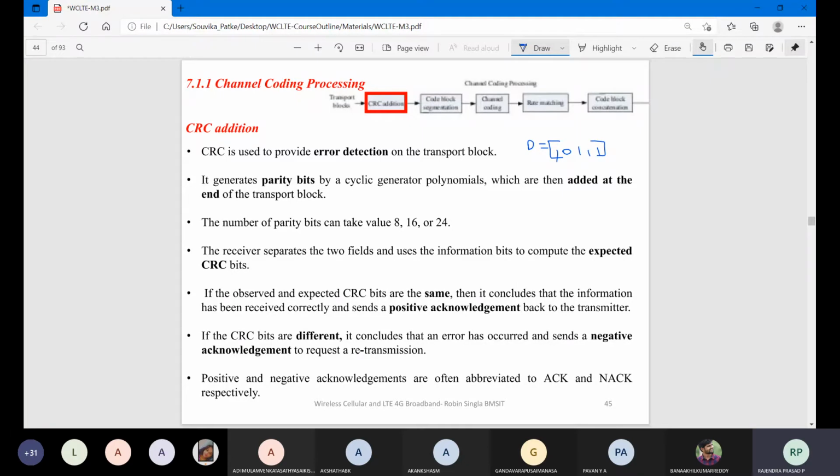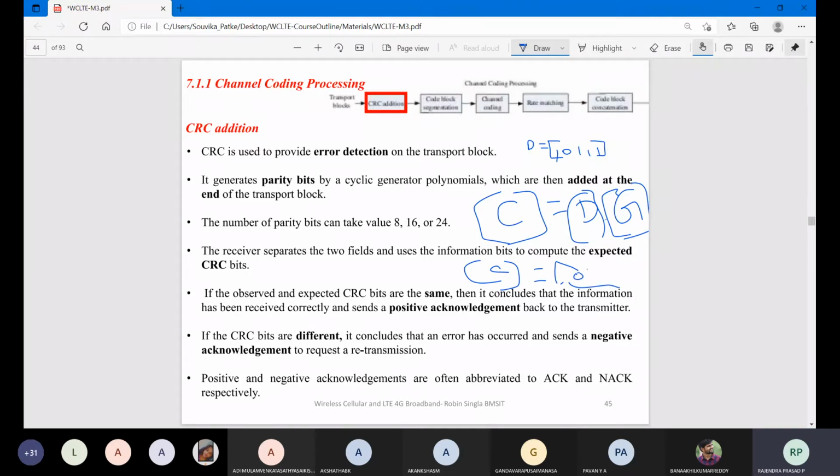So for this data, I wanted to generate the code block. So C you are going to generate by C equal to D into G, right? And when I process this generator polynomial, I am going to get this C value, and this C value will first be your check bits.